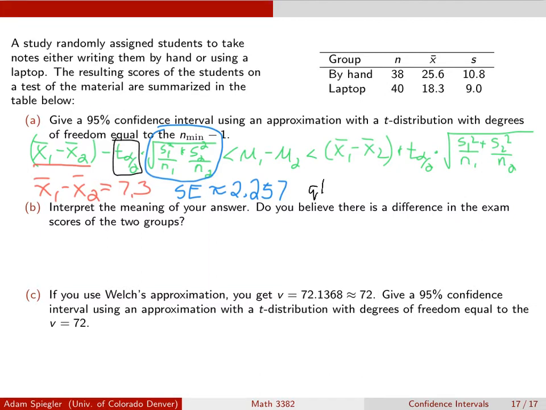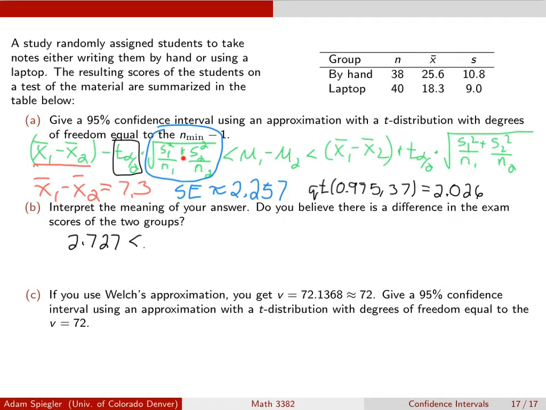For the t alpha over 2, since we have a 95% confidence interval, we use the qt function with 0.975 as the area to the left. Here we pick 37 degrees of freedom because the smaller of our sample sizes was 38, and 38 minus 1 gives me 2.206.